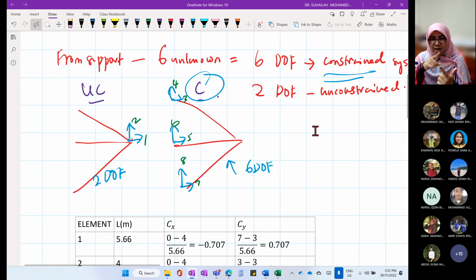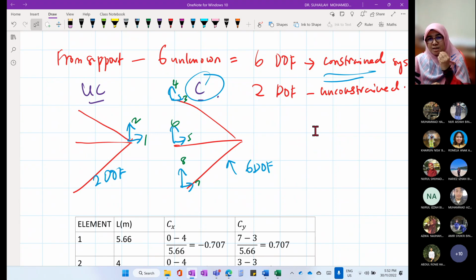That means we have to calculate the unknown displacement first, then only calculate the reaction at the support. Remember, the reactions at the support are all located in the constrained system.